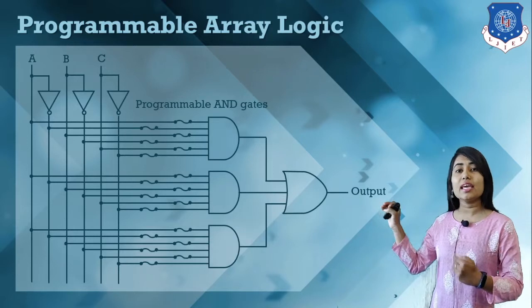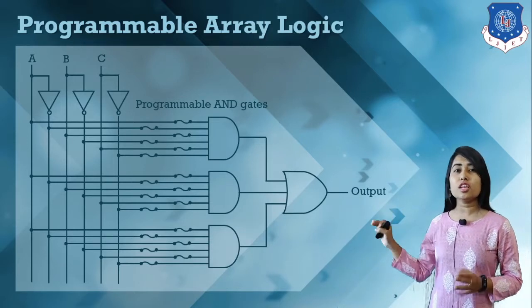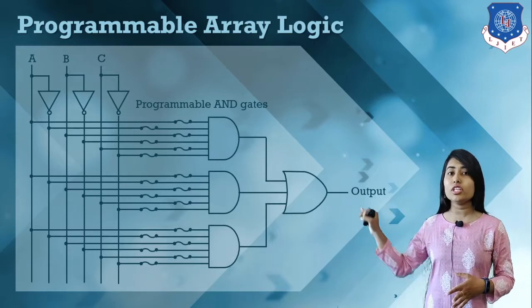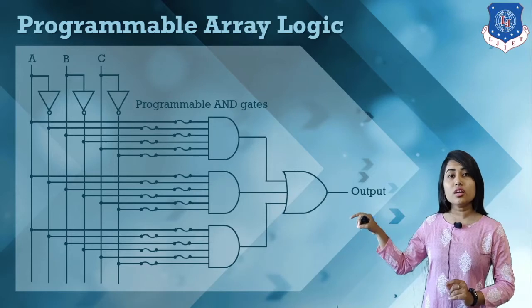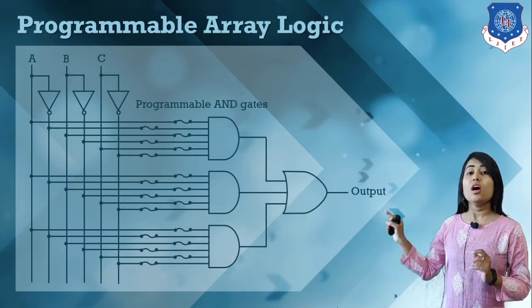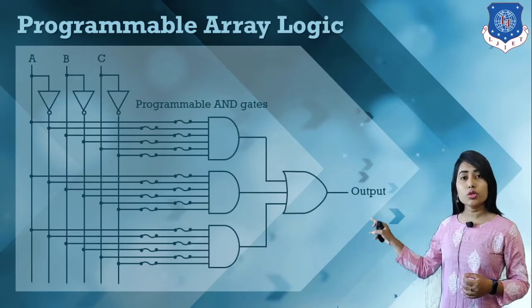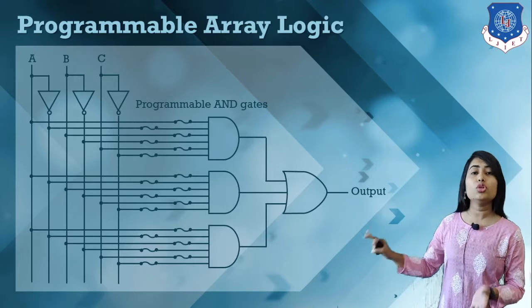These inputs are connected with a kind of structure known as a fusible link. This fusible link is basically used to connect any of the inputs to our AND gates.